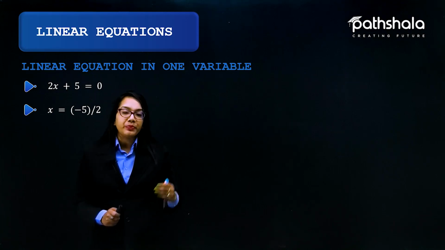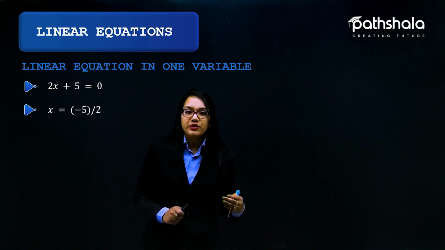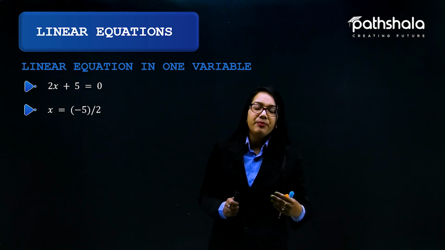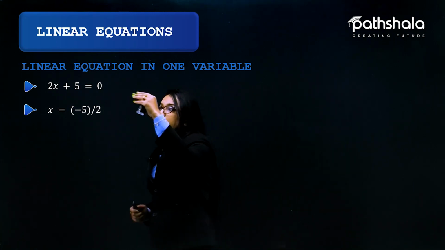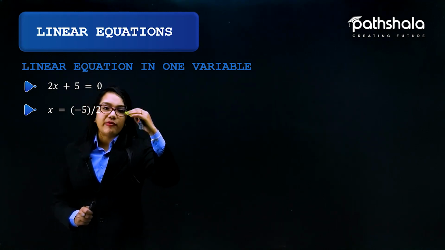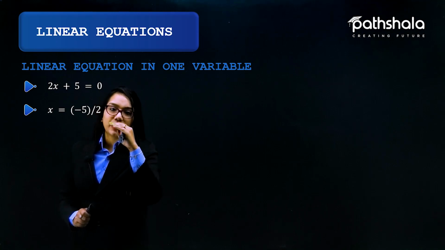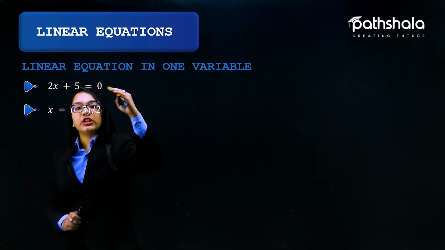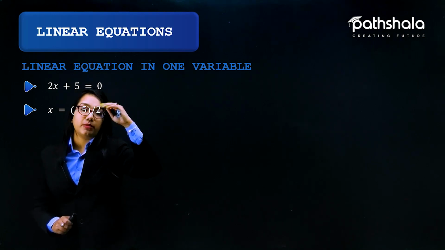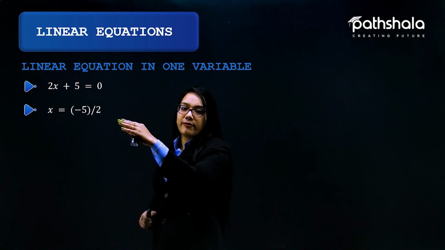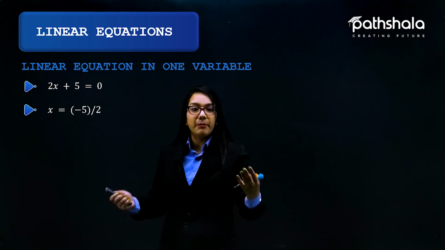So always remember that whenever we have a linear equation in one variable, and we find the value of the variable, for instance in this example the value of x as minus 5 by 2, this value is called a root or a solution of this linear equation in one variable. Moreover, we can also represent this value x is equal to minus 5 by 2 on the number line as well.